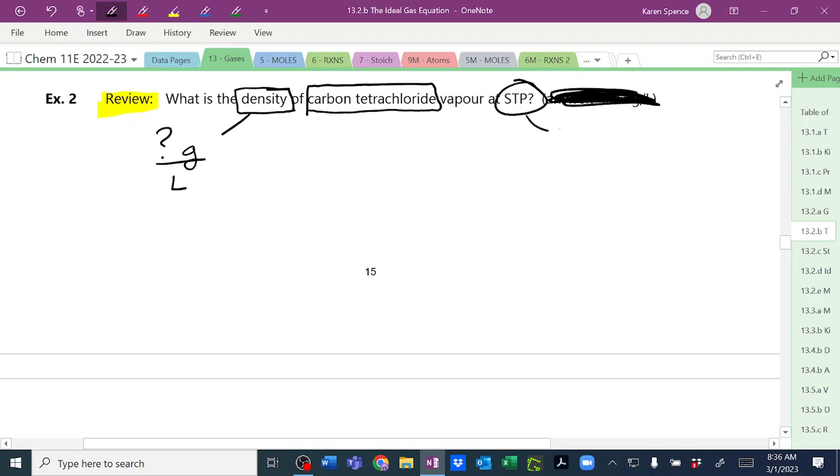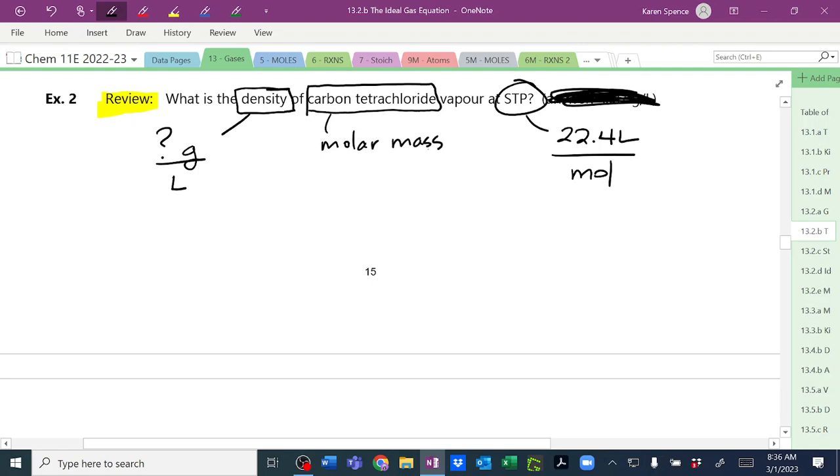We also know that we are at STP, so we have 22.4 liters per mole. And we can come up with a number for carbon tetrachloride. Do you know what number we can come up with? Molar mass.